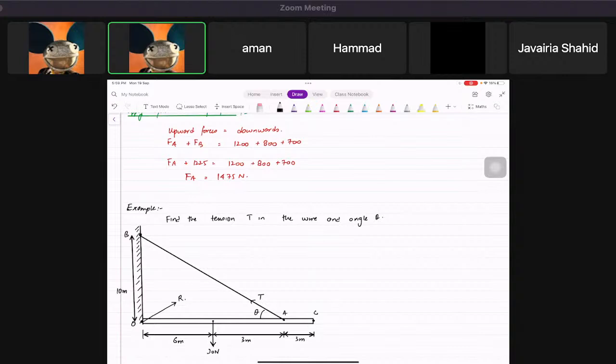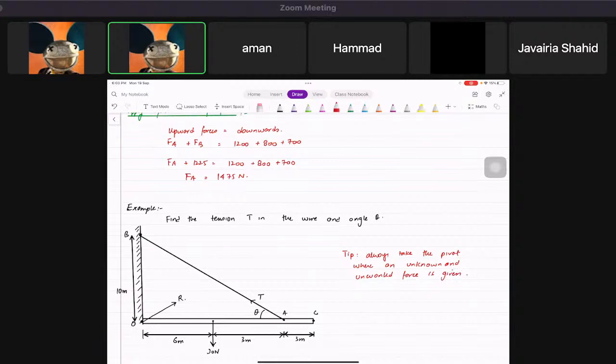Now in such a question, the tip to solve this type of questions where there are two unknowns and one of them you need to find, always take the pivot where an unknown and unwanted force is acting, which means that R is a force that we don't need.